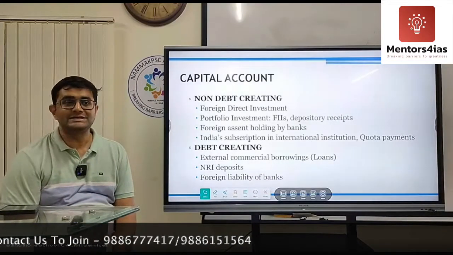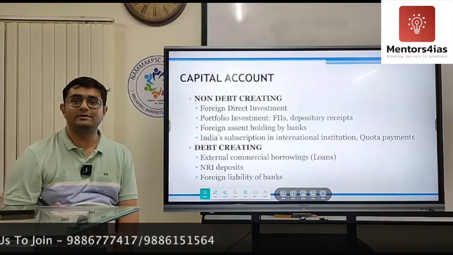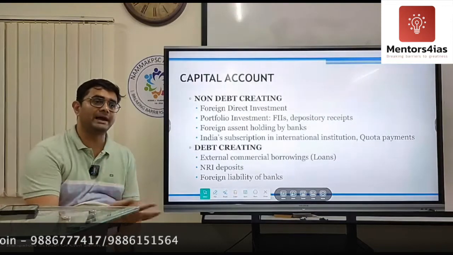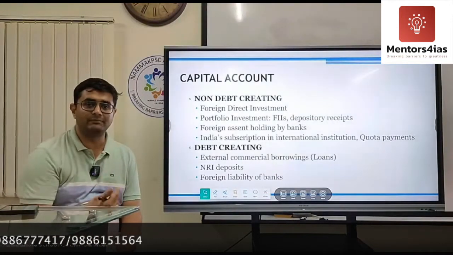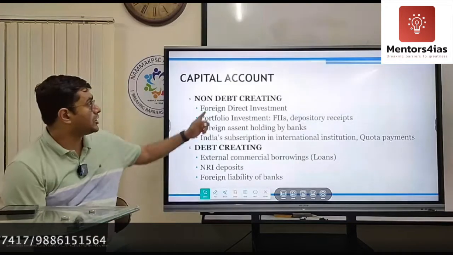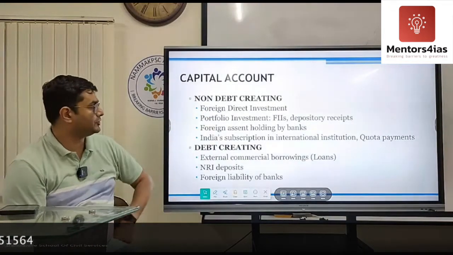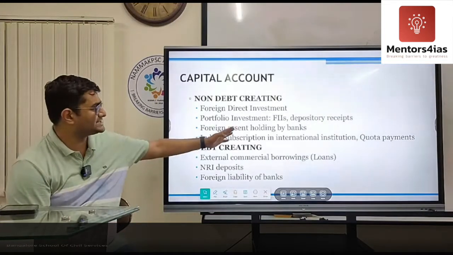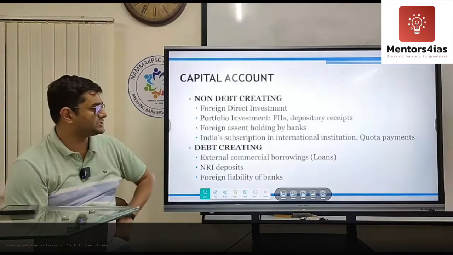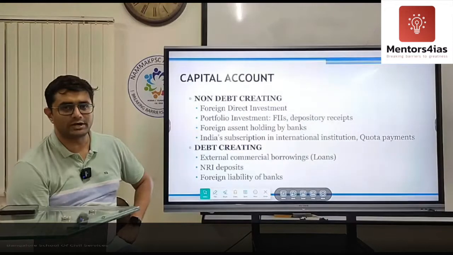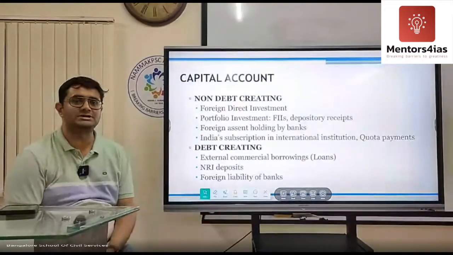Debt creating means external commercial borrowing, where the money has to be repaid. It is coming now, but it has to be repaid with interest. Non-debt creating includes foreign direct investment, foreign portfolio investments, any other asset holdings, and India's subscription in international institutions, quota, etc.